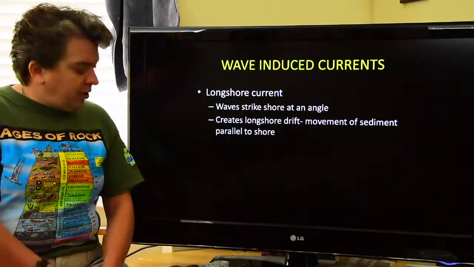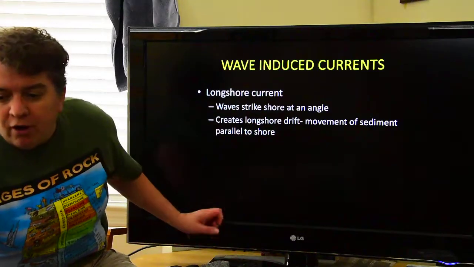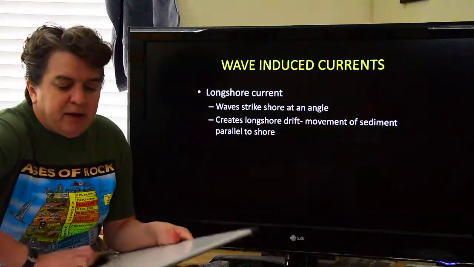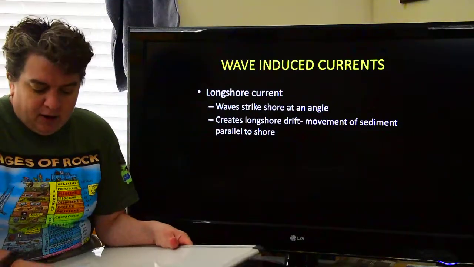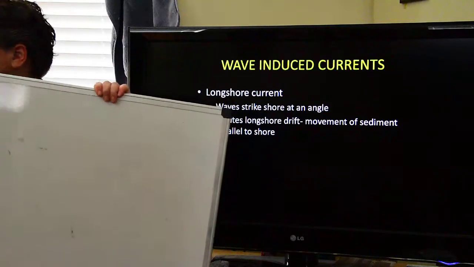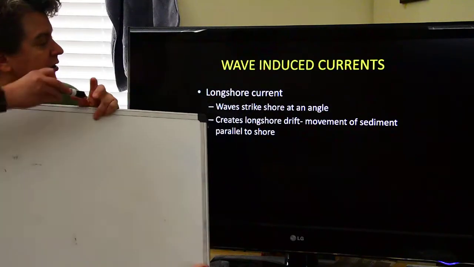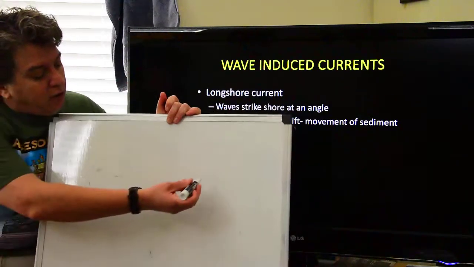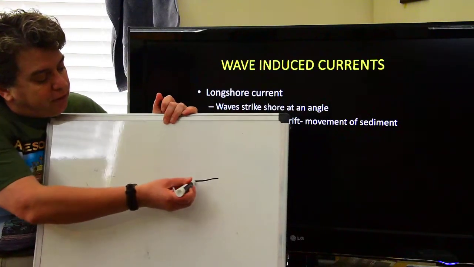All right, let's take a look a little bit at some currents that can be created as waves arrive on the shoreline. And one of these things is called Longshore Current, which creates something called longshore drift.